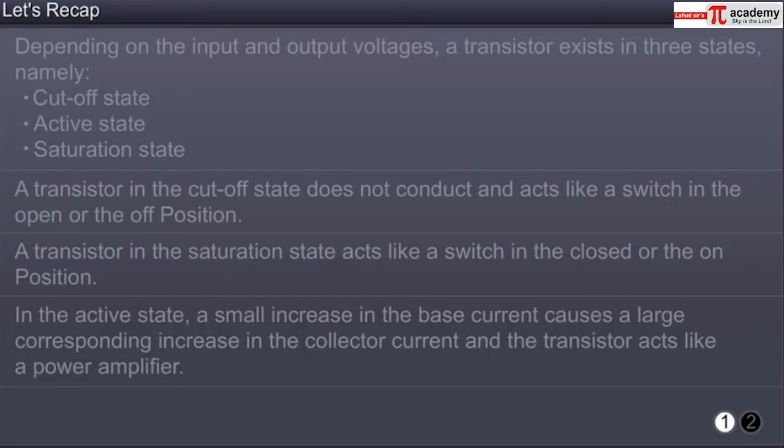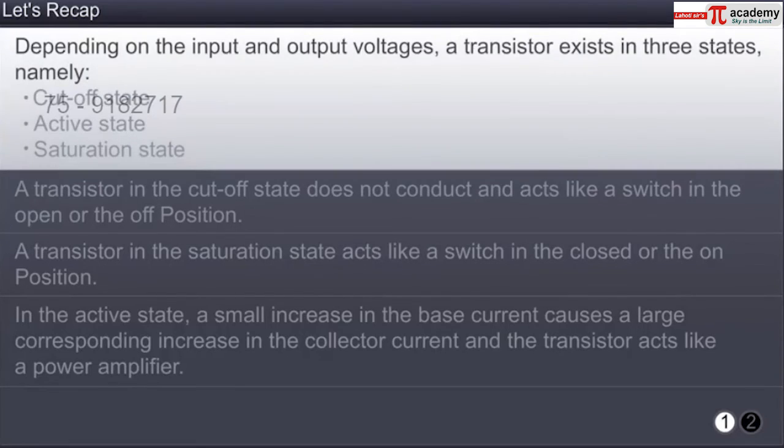You have now reached the end of this module. In this module, you have learnt that depending on the input and output voltages, a transistor exists in 3 states, namely cut-off state, active state, saturation state.